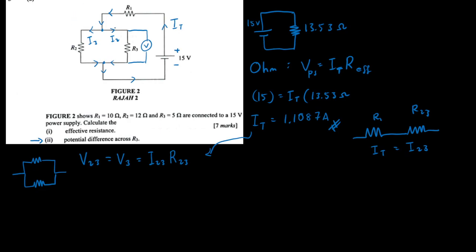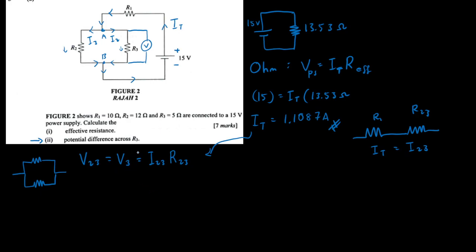Even though they split off at junction A, they will recombine at junction B. They split off, some goes here, some goes there, but at junction B, they'll recombine.